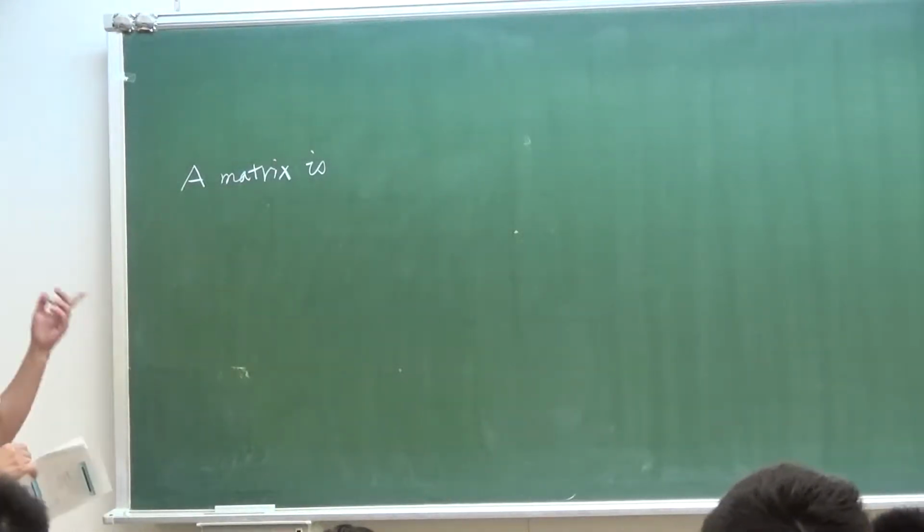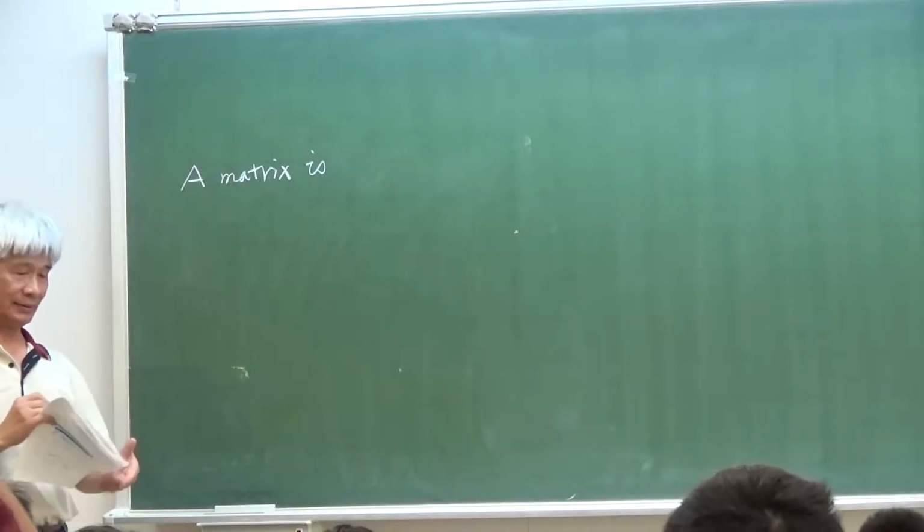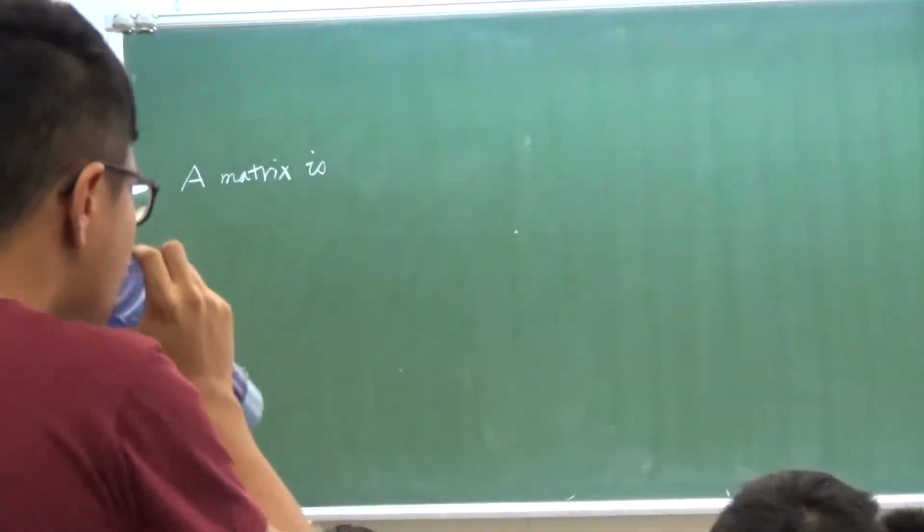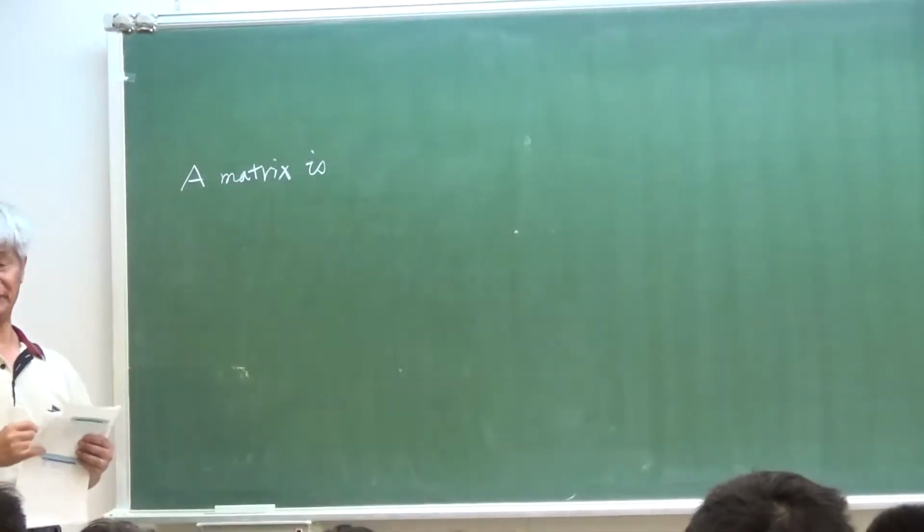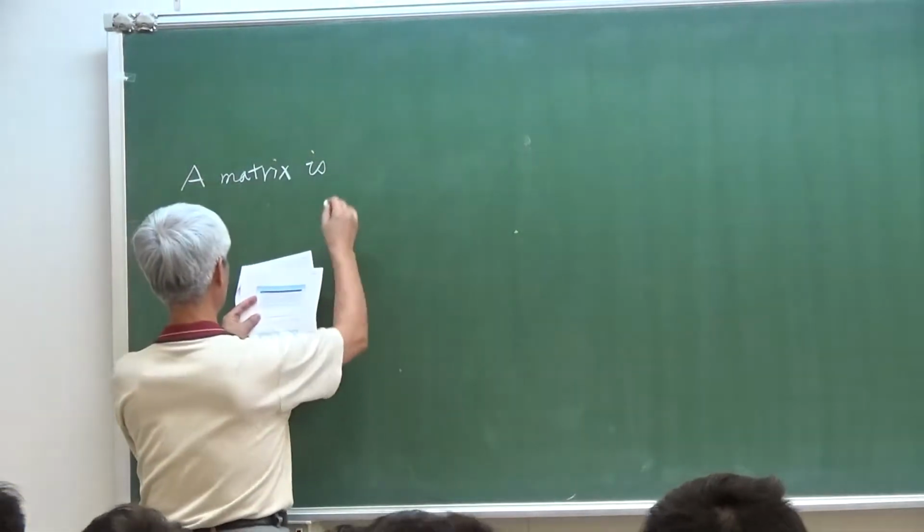I think I owe you the definition of a matrix in reduced row echelon form. So let me write it down.